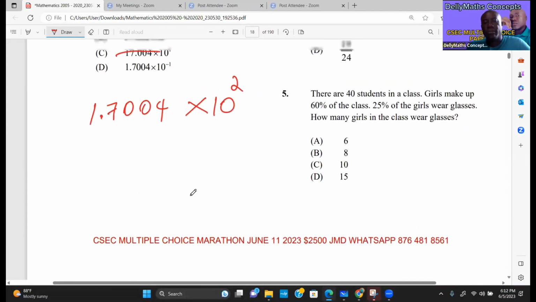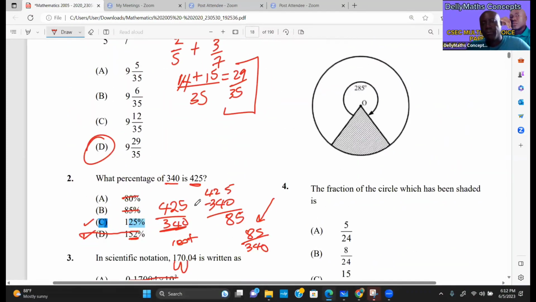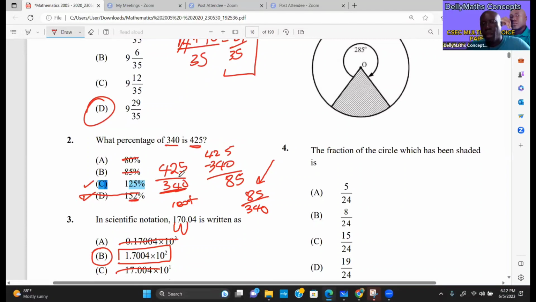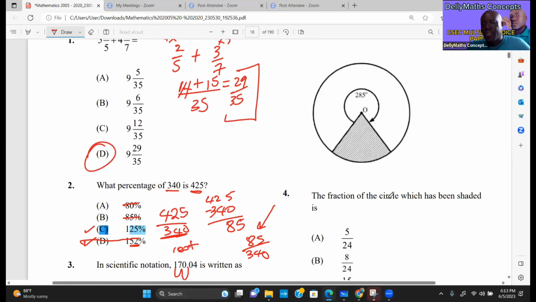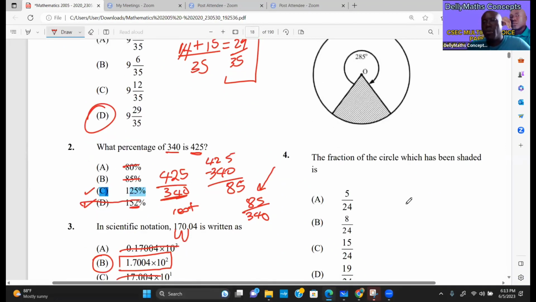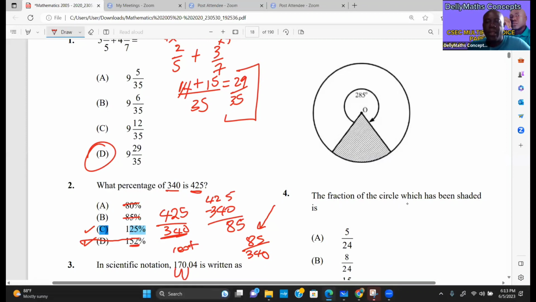Let's go for number 4. All right, so number 4, it says here, let me minimize this a little bit. Number 4 says that the fraction of the circle which has been shaded is... So they want to know the fraction that's shaded. Well, what I'm going to do is to understand the angle that represents the shaded.